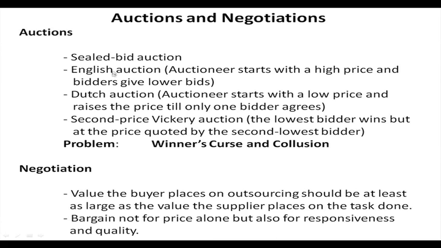Auctions can be of different types. The most common type of auction is the sealed bid auction, where the bidders give their bids in sealed condition, so that no other bidders know about it, whereas other auctions are all public auctions in different forms, so that every bidder knows what the others are bidding.